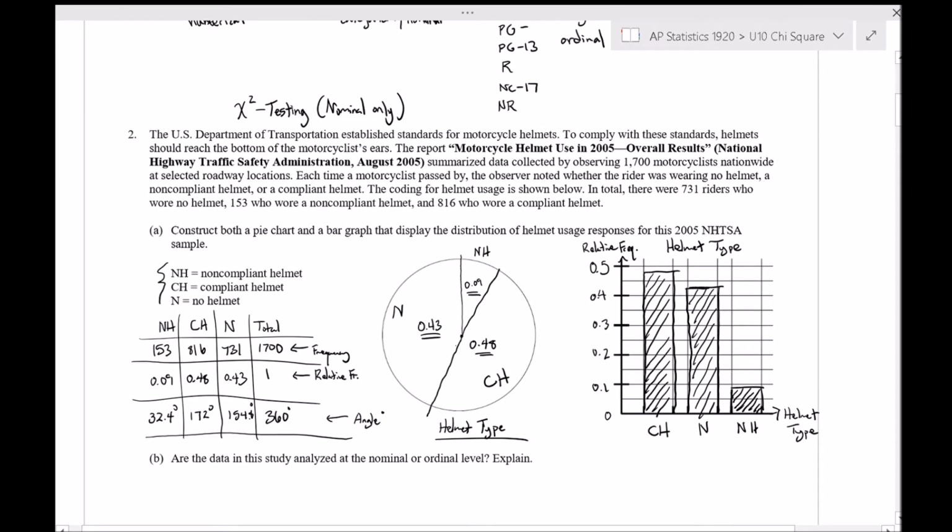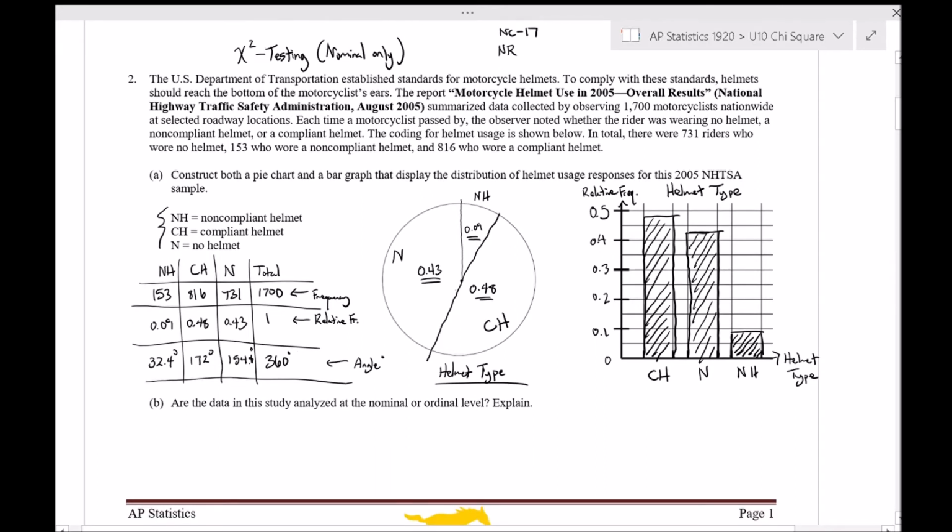Letter B. Are the data in this study analyzed at the nominal or at the ordinal level? I might have said that earlier. This is categorical for sure. And let's see, these categories, can these be ranked? I mean, they can, but are they? There's no implicit ranking system, or none that was explicitly given. So I'm going to go ahead and say that this is just at the nominal level.